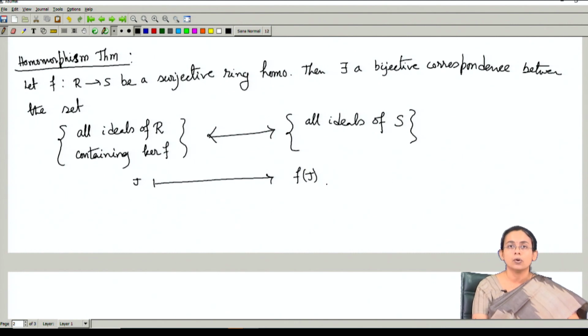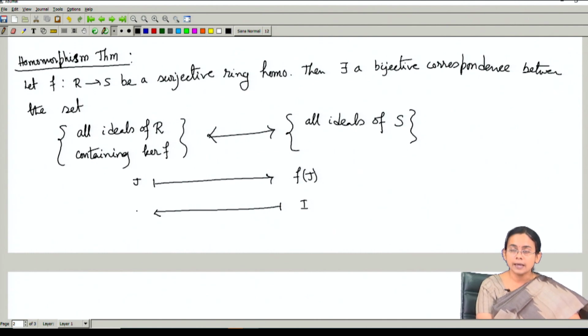Then I have to check whether it is giving you an ideal in S or not. In the reverse direction, if you start with an ideal I in S, then I have to produce an ideal in R, but the only path I have between R and S is the map F. So, how do I go from S to R?